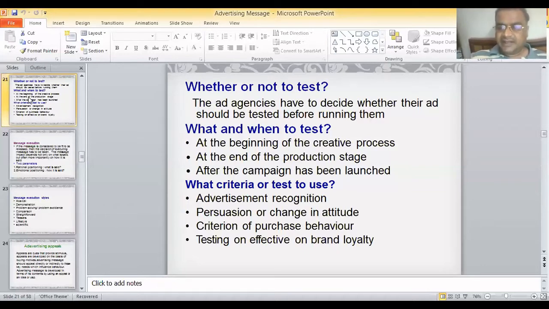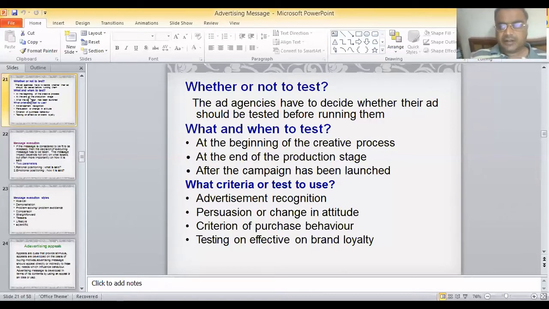Then the second one is aided recall. Aided recall is very similar to the recall test, but here we give them some clues, some kind of hint or idea, so that basically we are providing an aid and helping them to recall the advertisement. Then there is unaided recall.